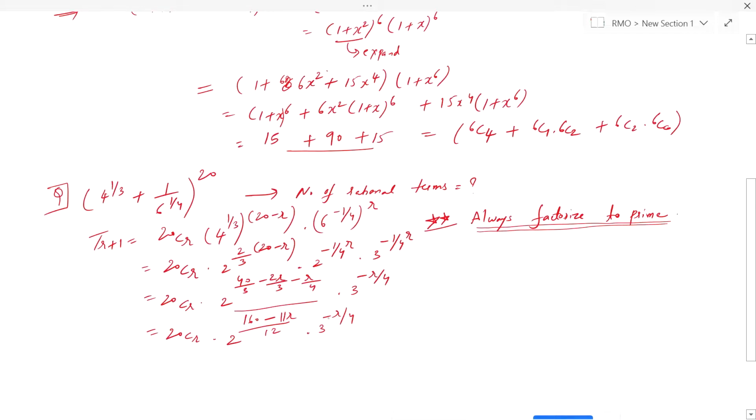Now this has to be for rational numbers, this has to be integers. So the trick here was that you have to factorize to prime. Otherwise the answer would be 160 by 12.